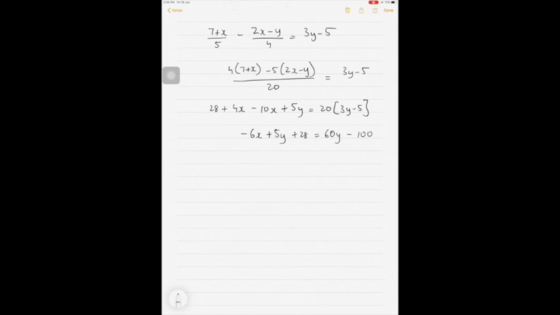Okay, 60y I'll bring to this side. When 60y comes this side, it will become minus 60y.